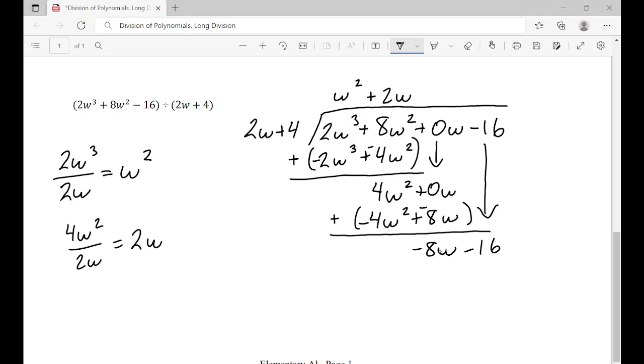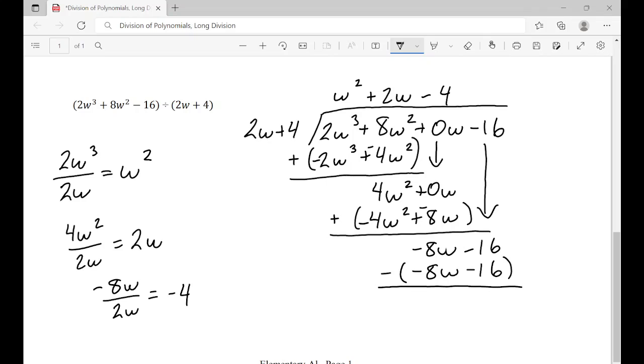And now we do it again. Negative 8w divided by 2w, which is going to give us negative 4. So minus 4 here. Distribute the minus 4 to both terms, so we get negative 8w minus 16. Subtract them, so I'm just going to change the sign, so plus and plus.